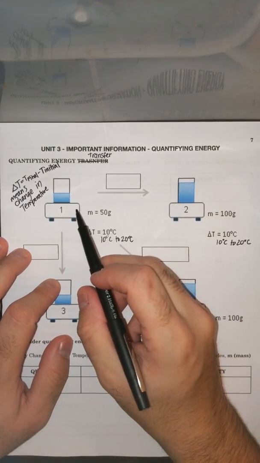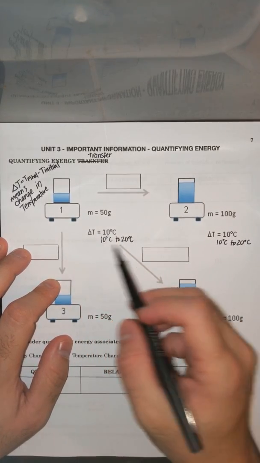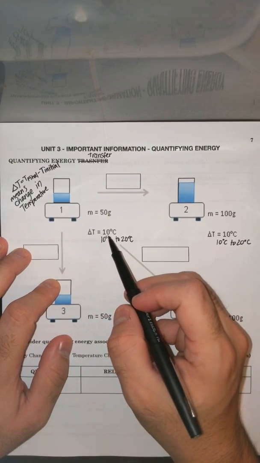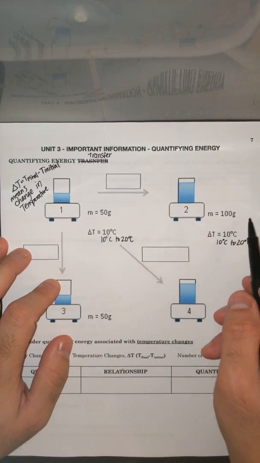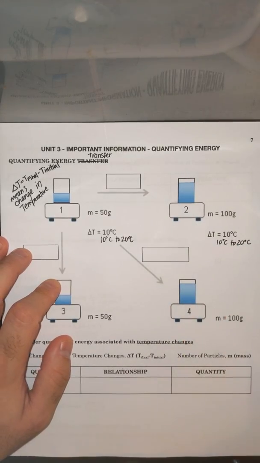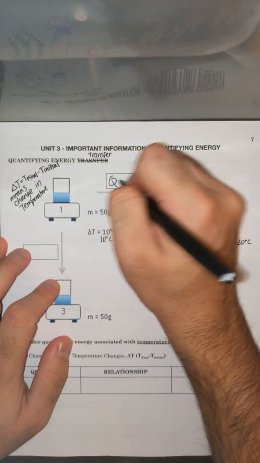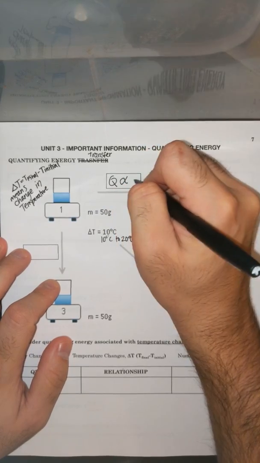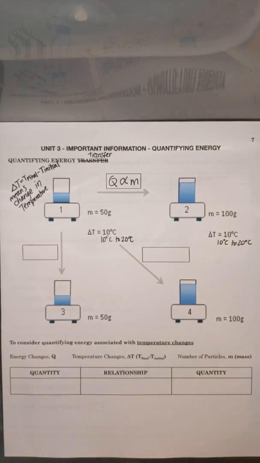So if I take 50 grams of water and change it from 10 to 20, which gives me a delta T of 10 degrees, and I have 100 grams of water and I change it from 10 to 20, how much heat is involved? Well, we're going to see that heat, Q, is directly proportional to mass.